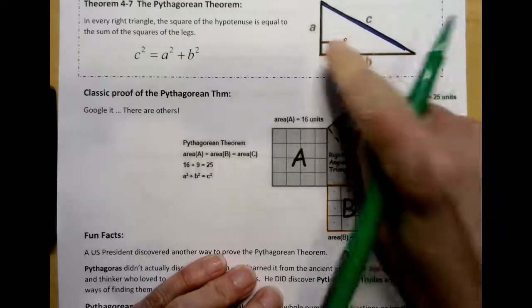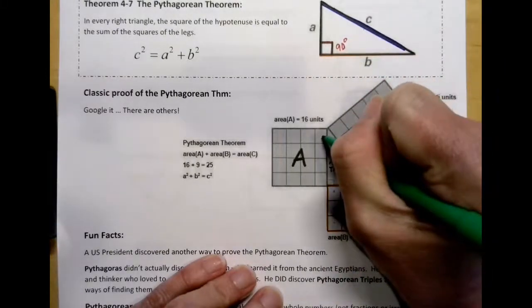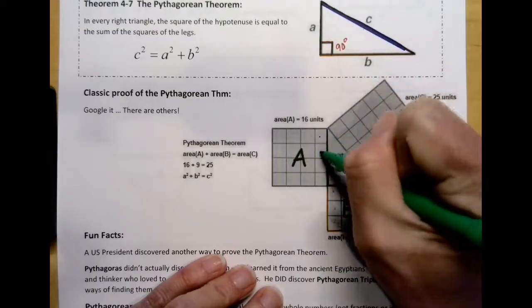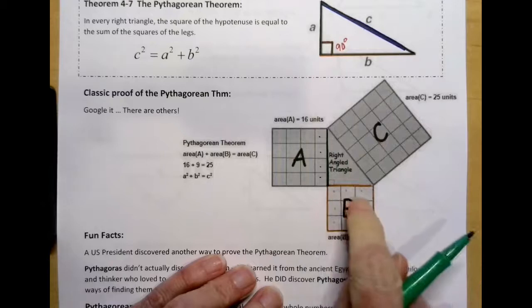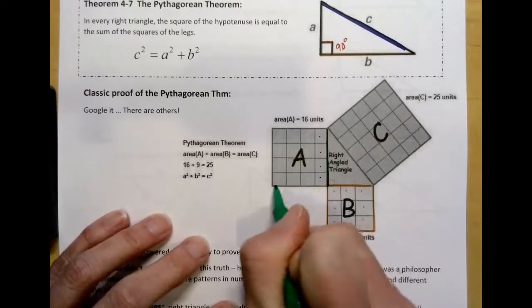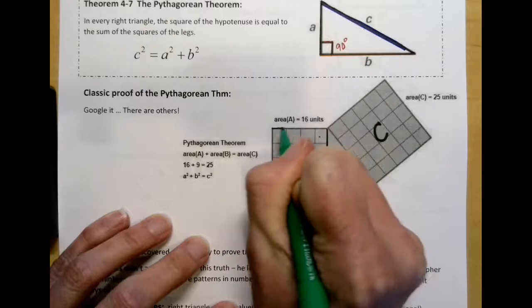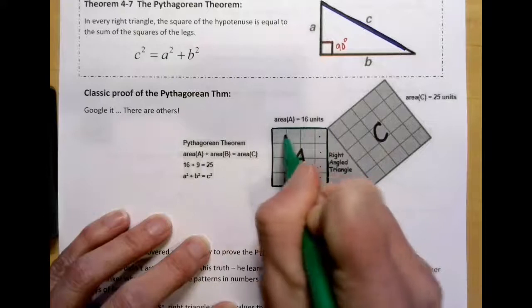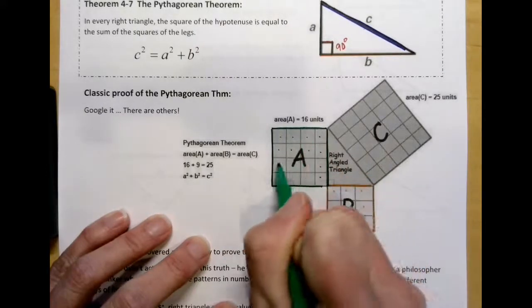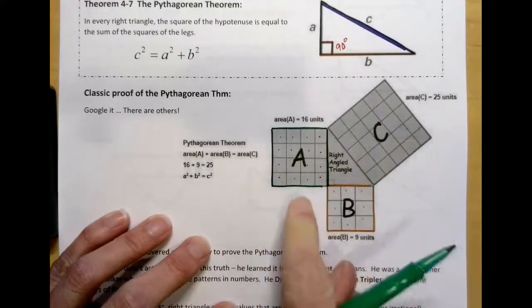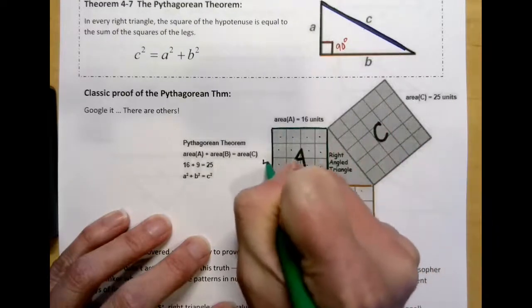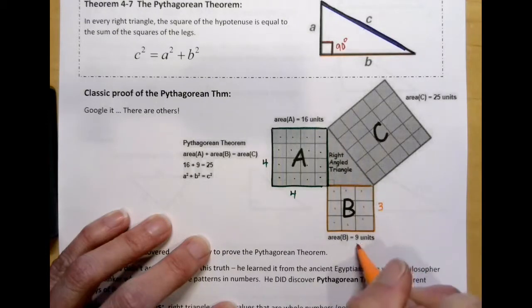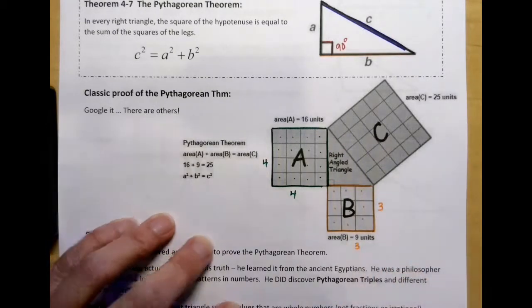When I talk about my A side, this classic right triangle is what we call a 3, 4, 5 triangle, because if this is 3, and we make this 4, when I square 4, 4 times 4 is 16, and that's going to give me these 16 squares, and I can count them, or know that 4 by 4 is equal to 16, the same as 3 by 3 is equal to 9.